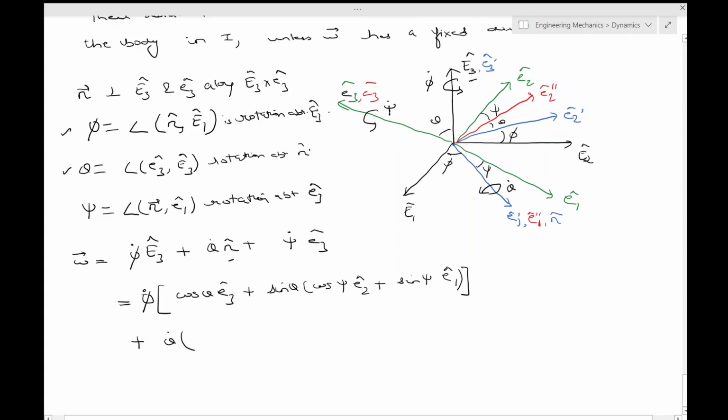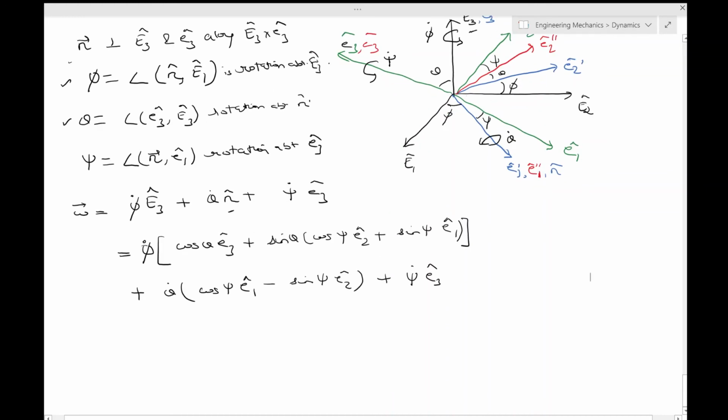So clearly, since n is perpendicular to e3, it will not have a component along e3, so it will only be e1 and e2. So that would be cos psi e1 minus sine psi e2, and the last one is e3, so e3 is already there, that would be psi dot e3 hat.